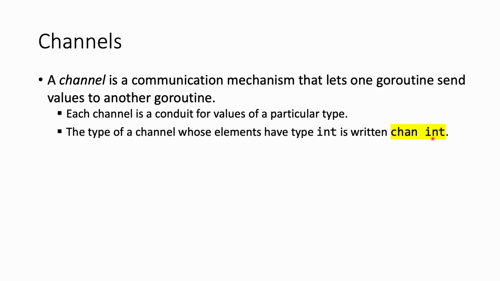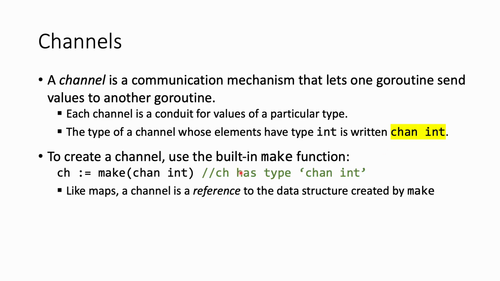To create a channel, we can use the built-in make function, which is the same one that is used to create a map. But here, the argument of the make function must be a channel type, such as chan int, instead of a map type.